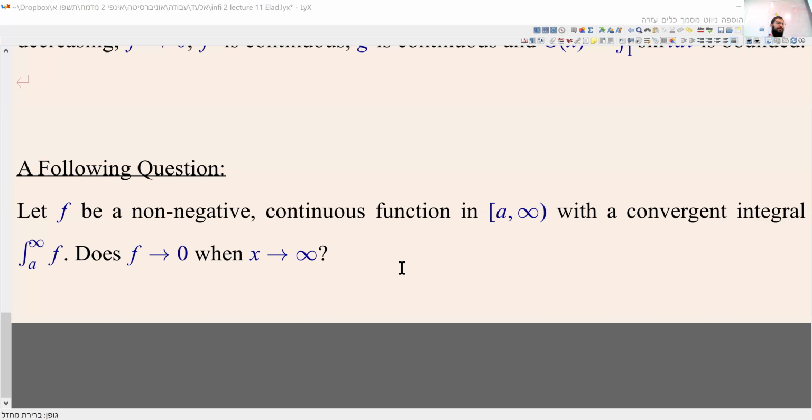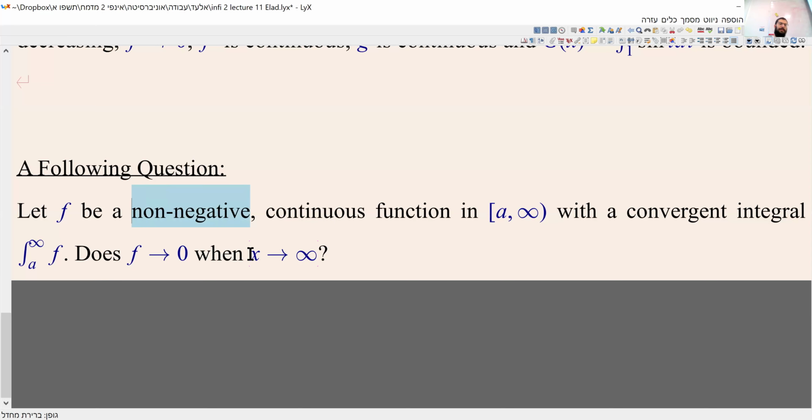And after we do that, we will quickly discuss other following questions. What happens if f is positive, not just non-negative? What happens if I want a differentiable, not just continuous function f? What if I aim for a bounded function and not the one that goes to zero?